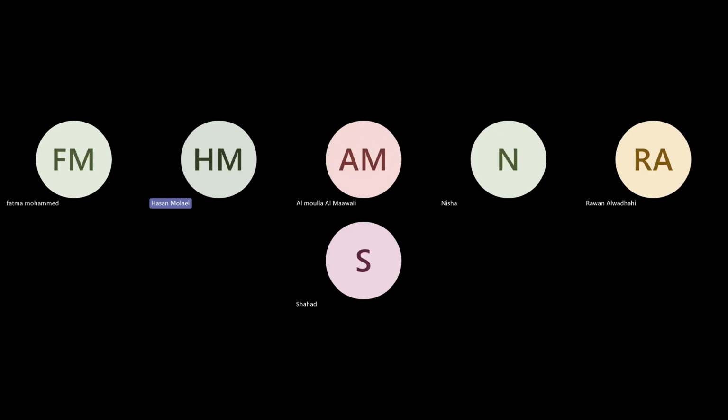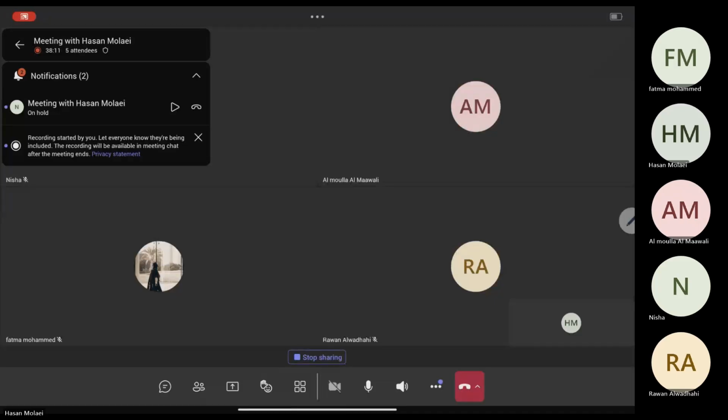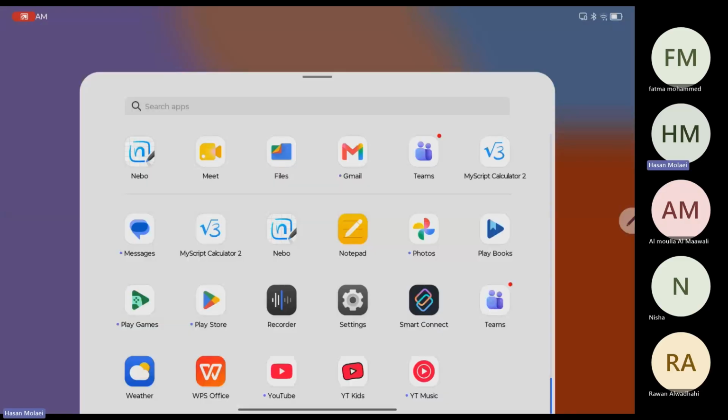Yeah, I know. Probably there is a timer, but I cannot find where the timer is. I didn't set any limit, but I'm not sure if there is any setting or not.